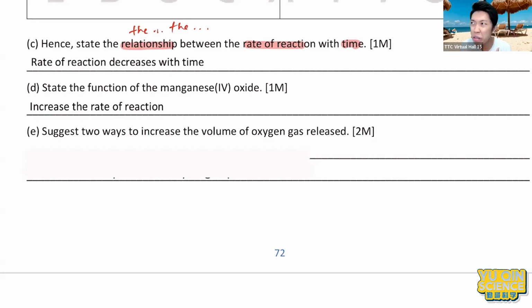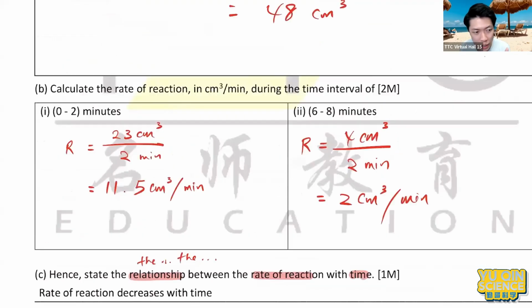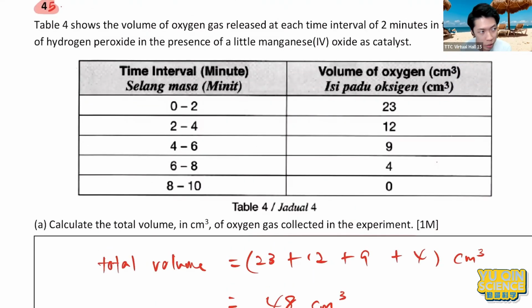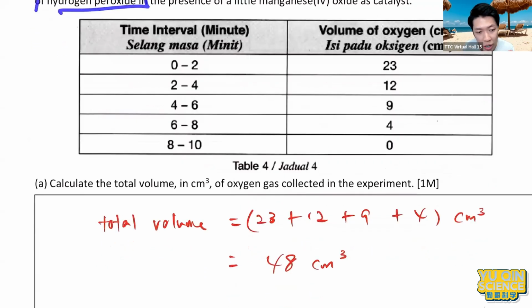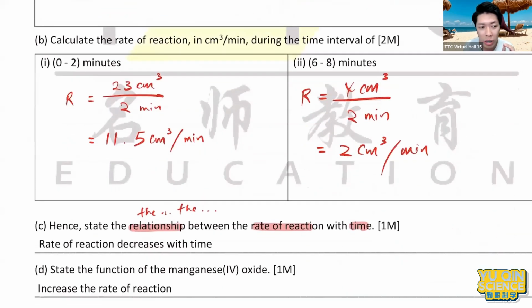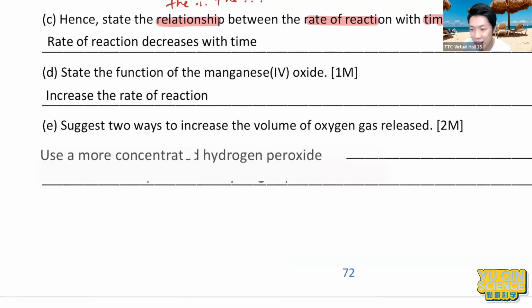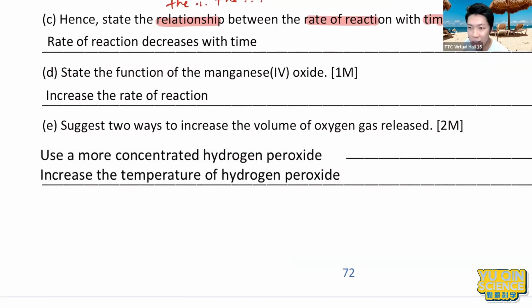surface area, size. I don't think we can do size here because the reactant that we're using is in liquid form. Hydrogen peroxide is liquid, so size cannot. I think there's one more answer you can write. Concentration. So temperature and concentration, that's what I chose.